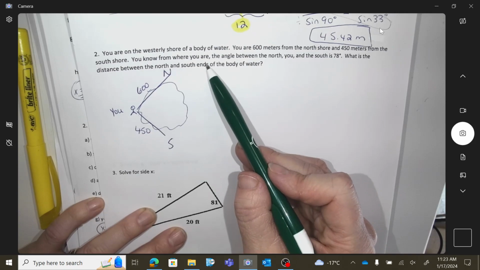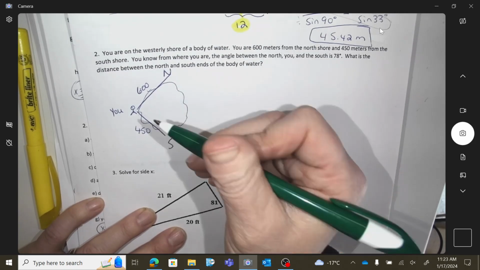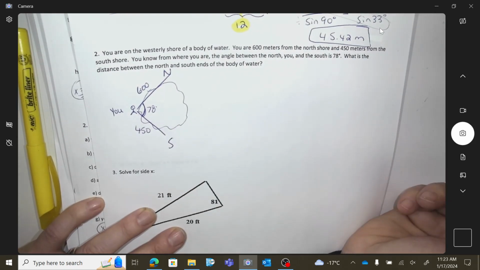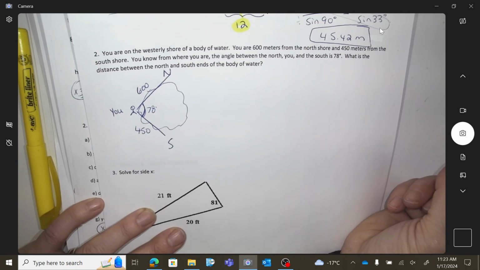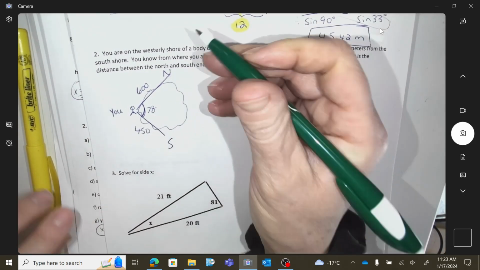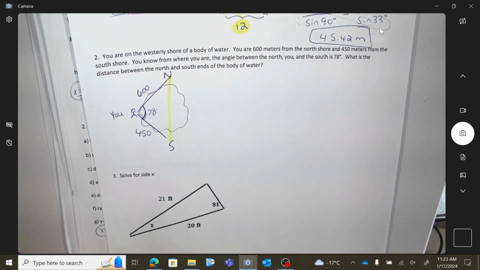You know that from where you are, the angle between the north and you and the south is 78. So then it says, what is the distance between the north and south?